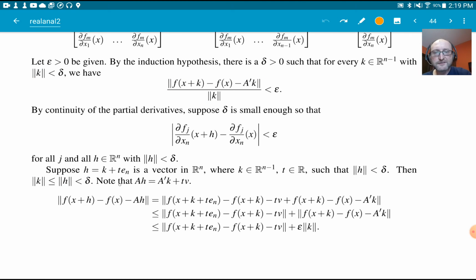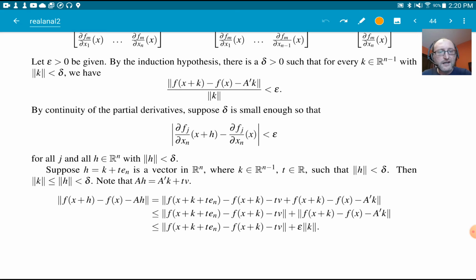And now, if a times h, that's really what I want to show, that this approximates the function, right? Well, I write it in terms of a prime because I know something about a prime, and v. So I write it as a prime k plus tv. That's just a different way of writing down ah.